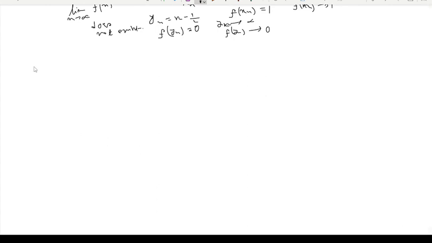First see the structure of this type of function. Say this is 1, this is 2, this is 3, and so on. The function may be constant.